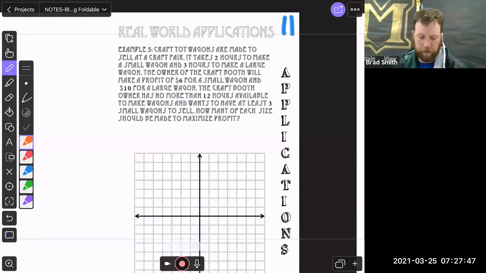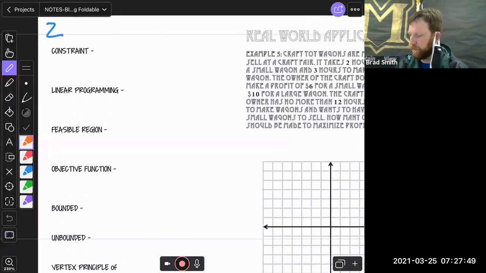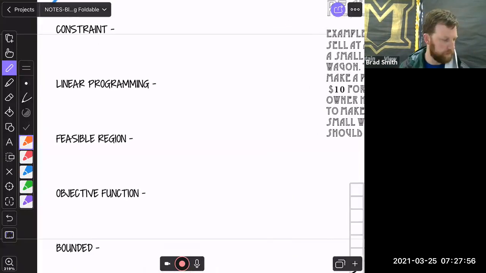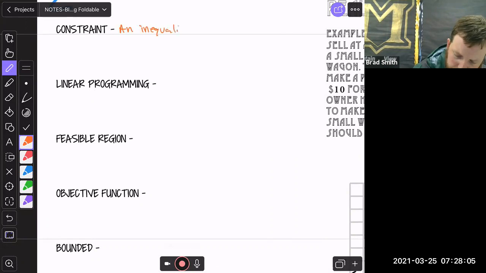Let's take a look at all of our definitions first, so you know what I'm talking about when I use different vocabulary words. This is really the only real bad part. A constraint is an inequality that forms an edge of your feasible region.